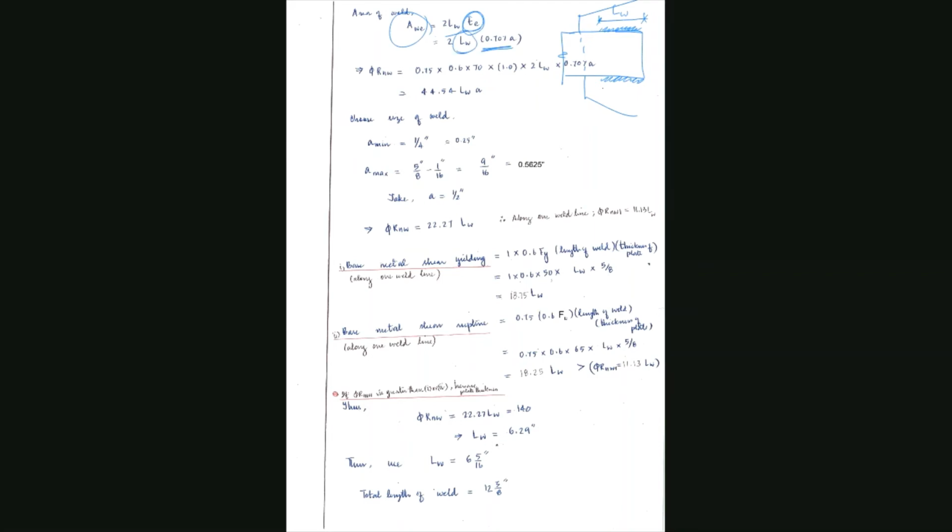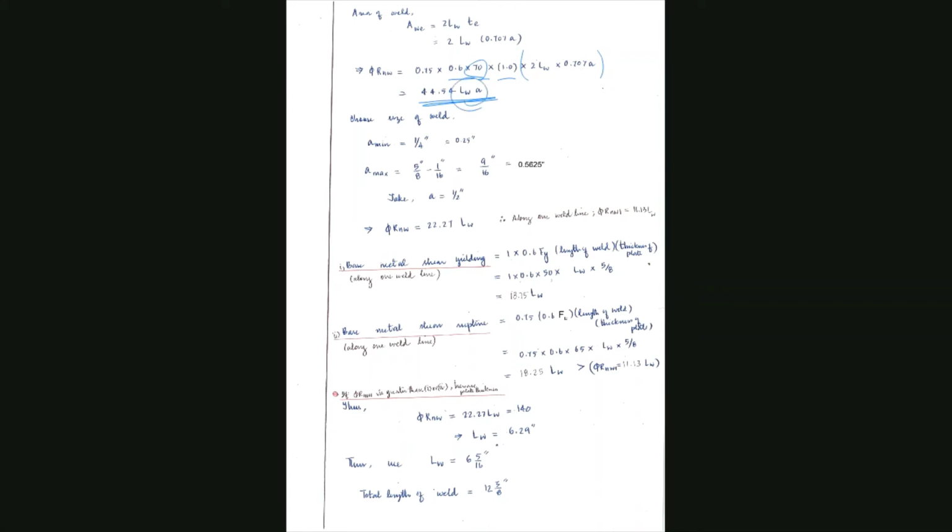So when you substitute all of them into the equation, you have 0.75 times 0.6 F_EXX, you substituted 70, 1 because theta is 0, and then the value of A_we as this one. So you end up, as I told earlier, after you substitute all the values, your phi R_nw boils down to these two terms.